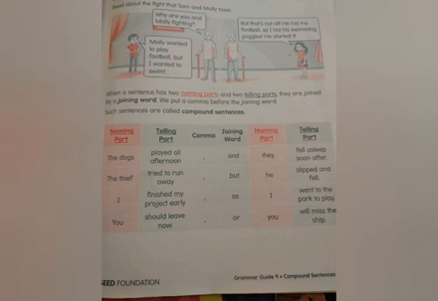The thief tried to run away. The dogs played all afternoon. See, I finished my project early. You should leave now. So the naming parts are the nouns. Telling parts are the sentences. The commas are commas. Joining words are the conjunction words: and, but, so, or, etc.